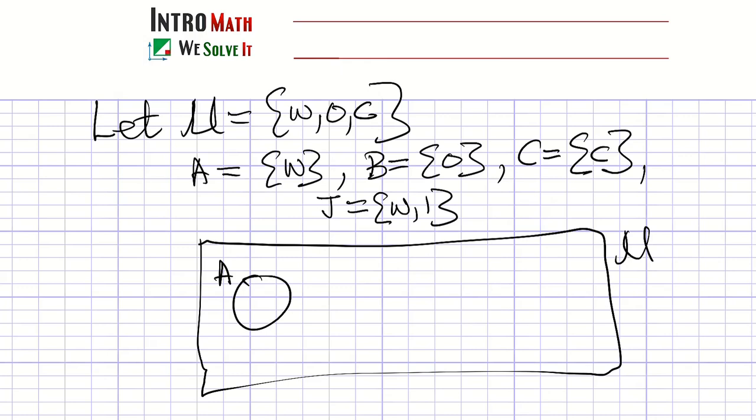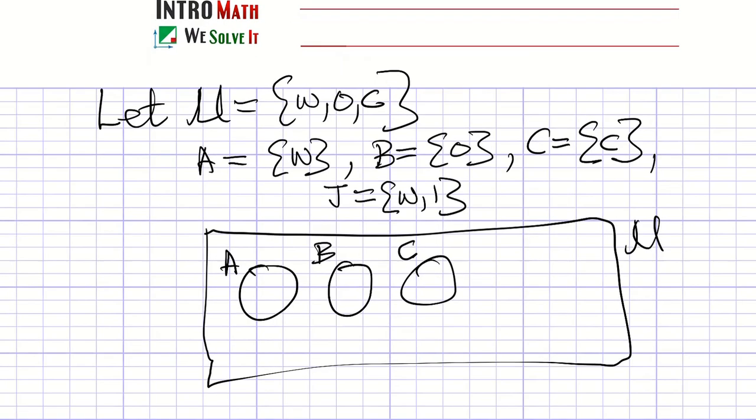Notice that A and B have nothing in common, so you draw B like that, and C has nothing in common with A or B, so you draw C like that. Notice that J has something in common with A, so you draw J like that. This is J.